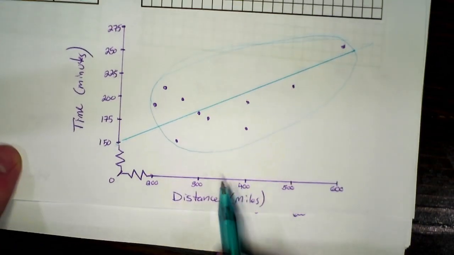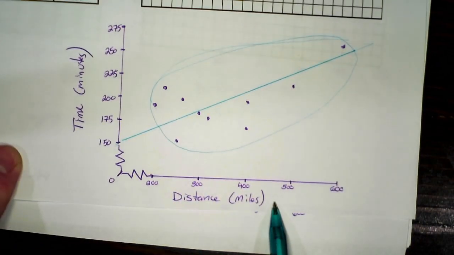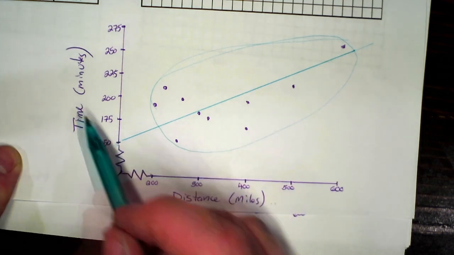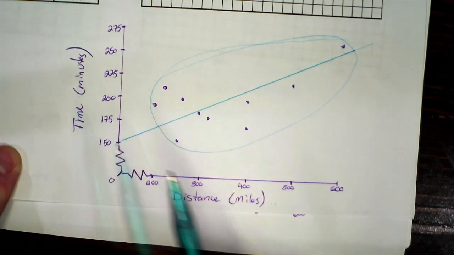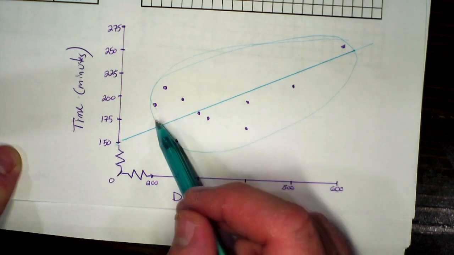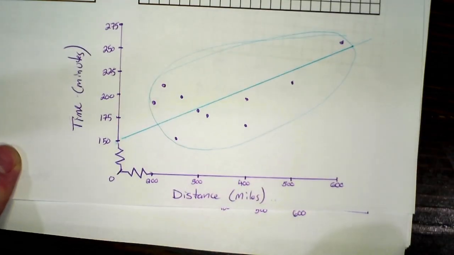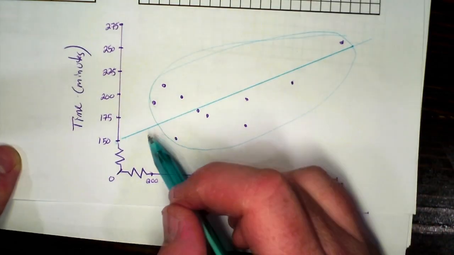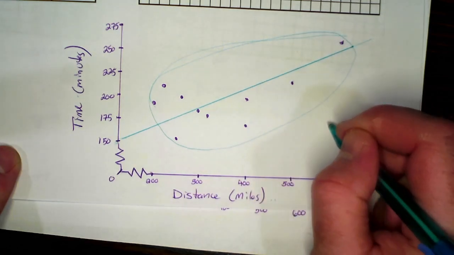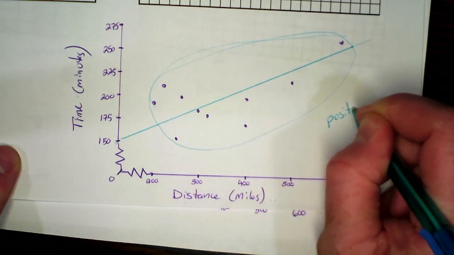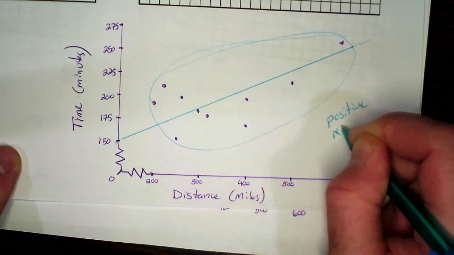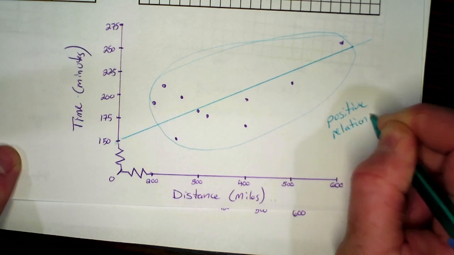So we have one variable called our independent variable on the horizontal axis, another variable that depends on this one on the y-axis, and then we plot the points and we look for that trend line, and that is a scatter plot. And then you can see from here, it does look like there is a positive relationship. Now, is it a strong positive relationship?